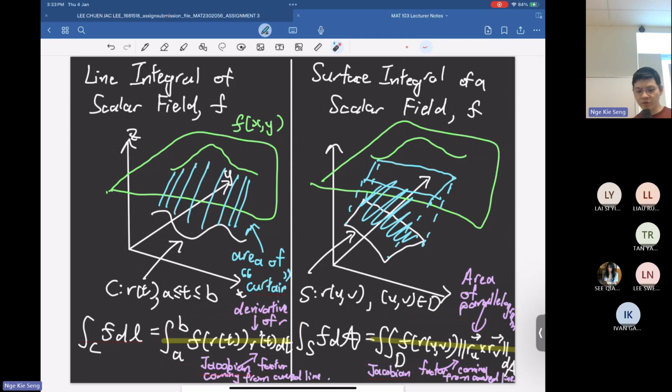To use the right one, you need to know how to do parametrization: line parametrization, surface parametrization. So whenever you see a question, you should know how to do line parametrization and surface parametrization. Any question about this?